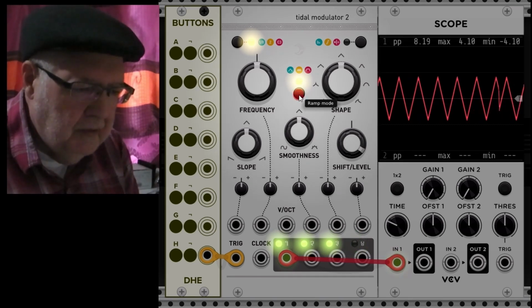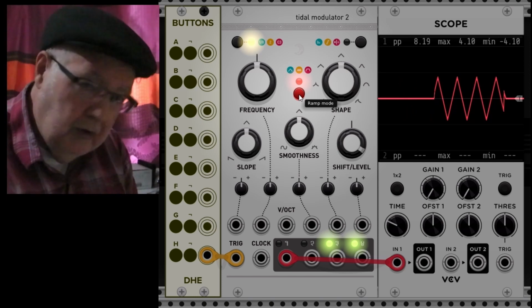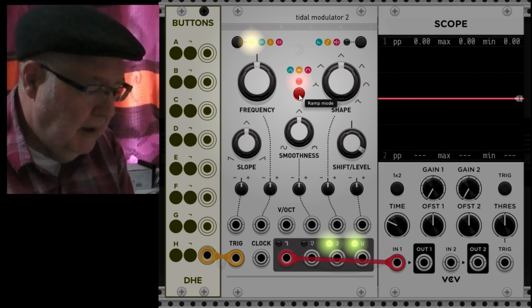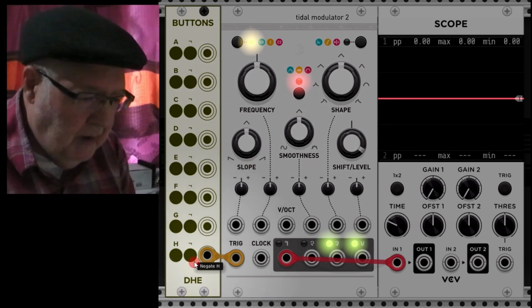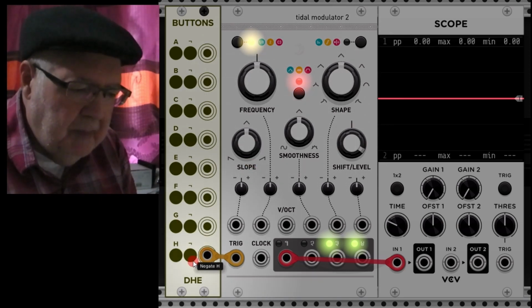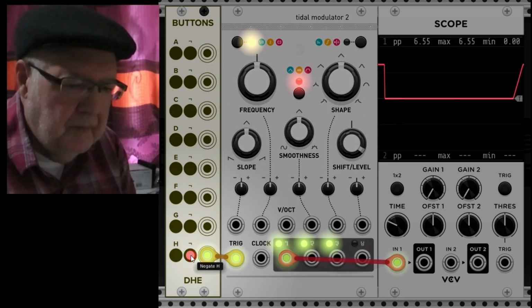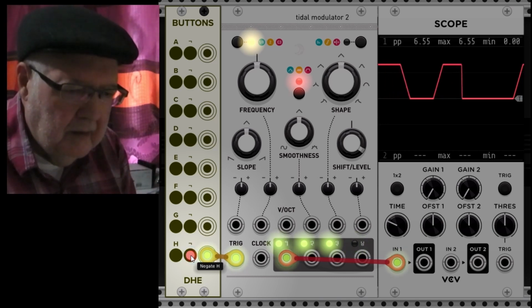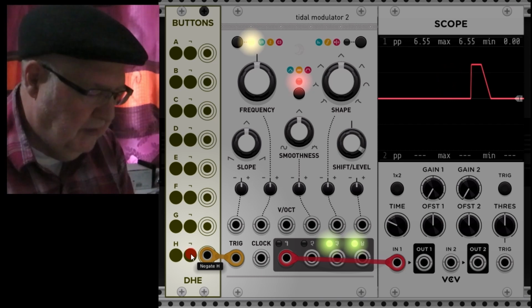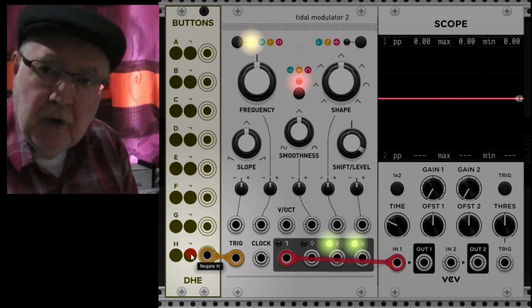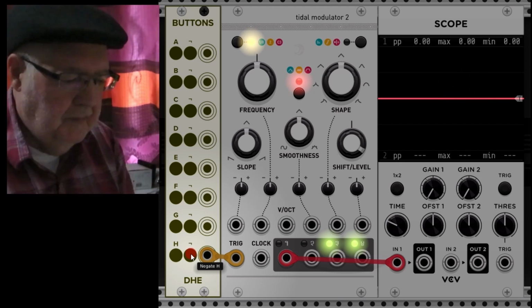The third mode is also a one-shot mode again. It's attack sustain release. Now I'm going to push this button and hold it for a while. So when I release it, the release phase sets in, and it's also unipolar again.